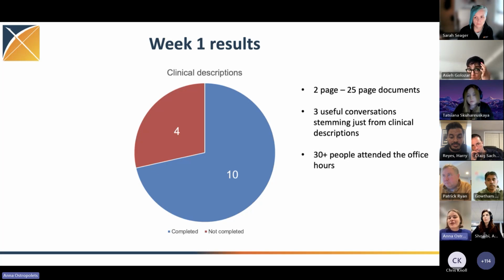We saw a lot of variation in how people approach descriptions naturally, varying from 2-page documents to 25-page documents.